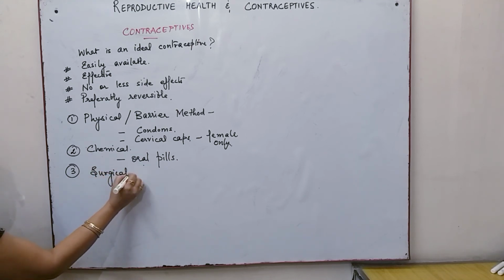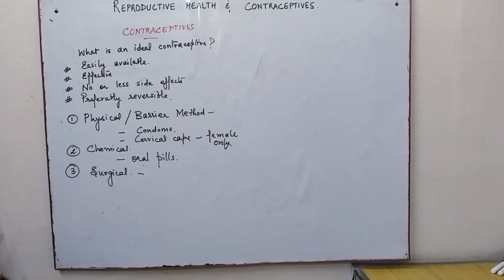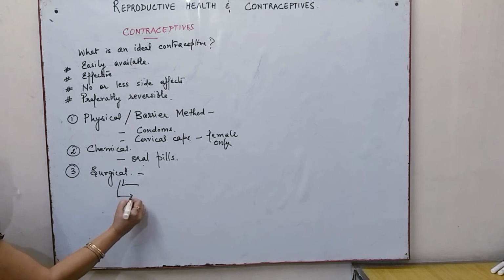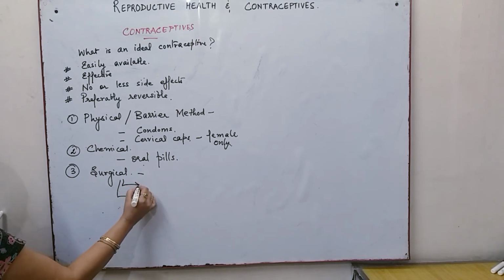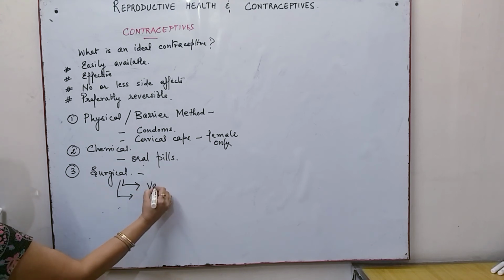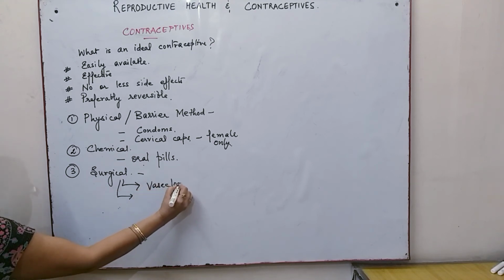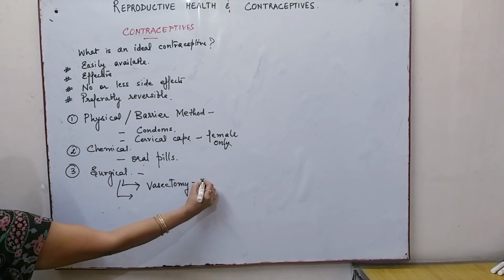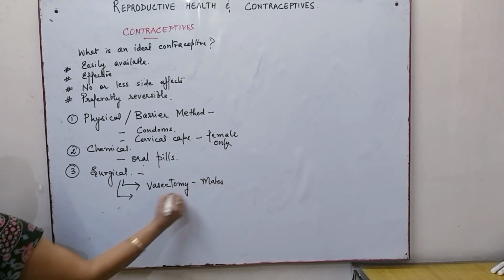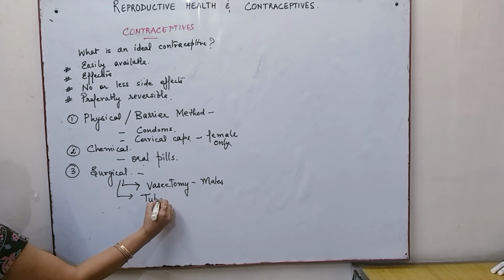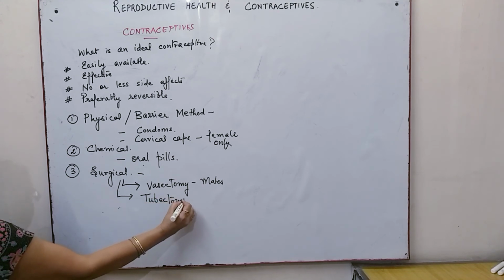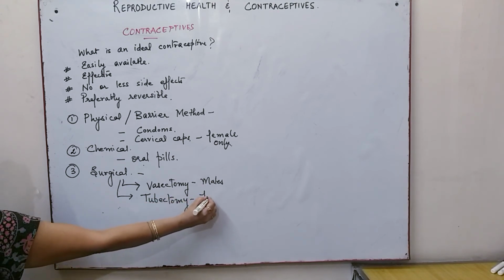The third important method is the surgical method. The surgical method is where we use surgery, and there are two ways, one in males and the other in females. In the male it is known as vasectomy, and in females, tubectomy.